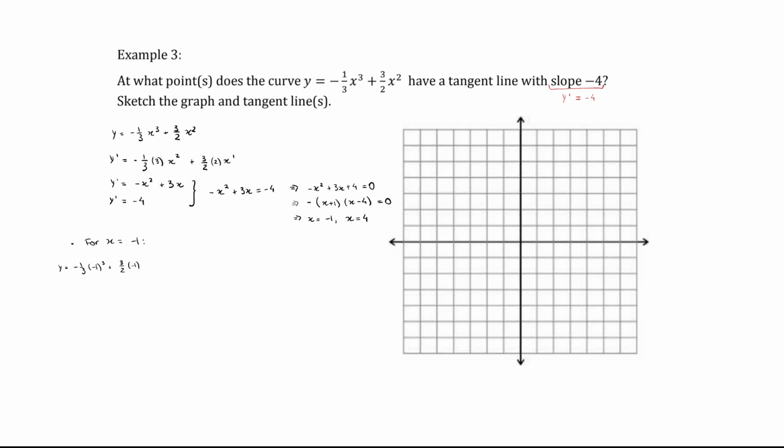And this is going to be equal to 11/6. So now plugging this into our formula, y is equal to mx plus b.